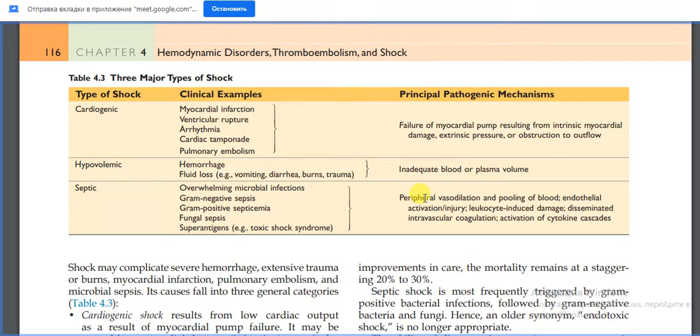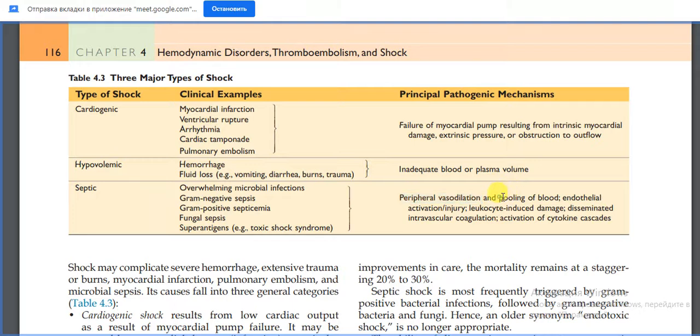It causes the same event as in hypovolemic shock, but the liquid is not released outside. It's not due to bleeding, but due to exudation of plasma into the peripheral parts of the body.